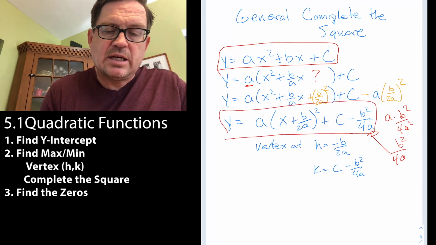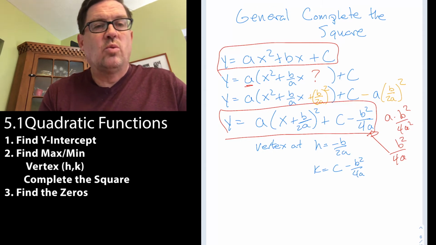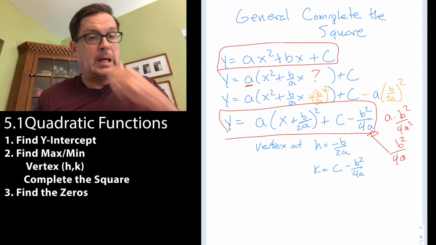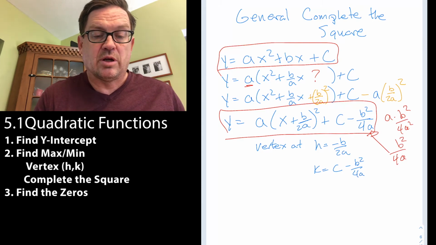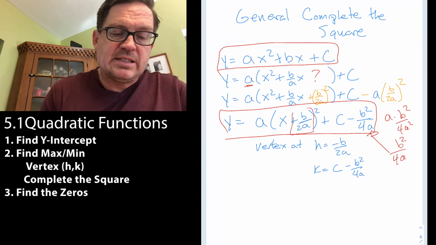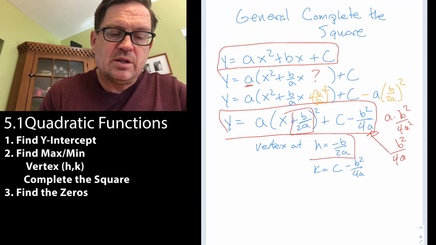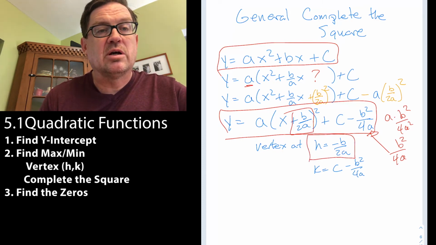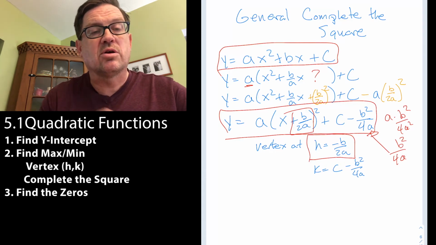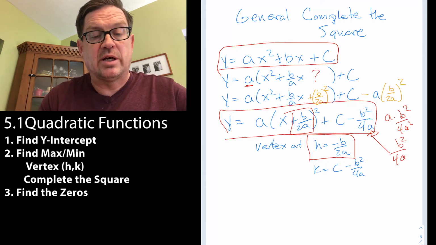And so this then is the expression for when you've taken a general form of the ax squared plus bx plus c equation and you complete the square for it. And what's nice is this part here, this b over 2a, gives the formula that they have in the book. The x coordinate of the vertex is negative b over 2a.